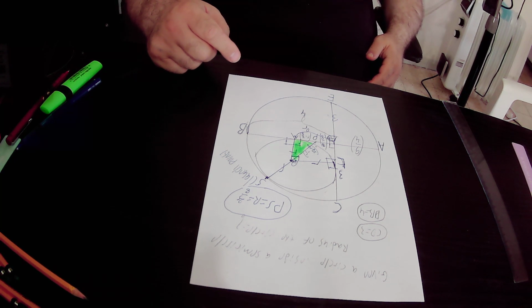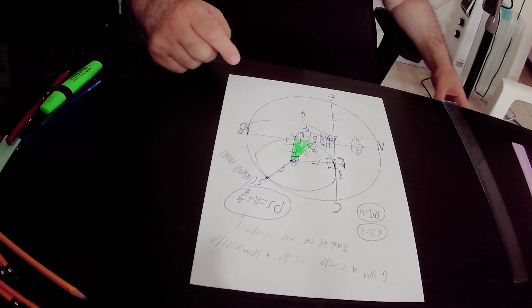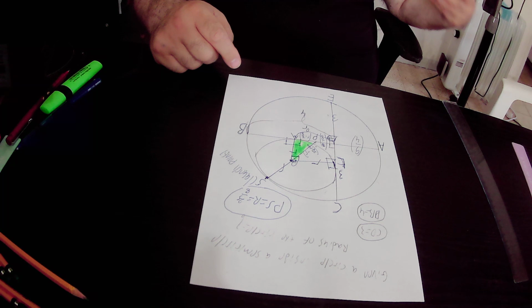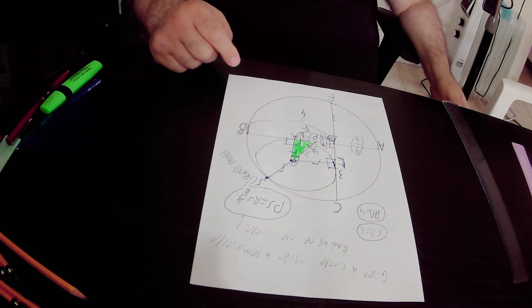Because of the fact that ED is the mirror image of CD, it means that their lengths must be equal to each other, because when you look at yourself in a mirror, your dimensions don't change. The only thing that is changed when you look at yourself in a mirror is the direction of yourself.